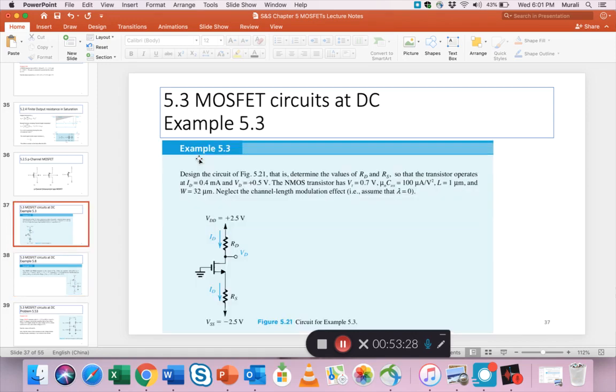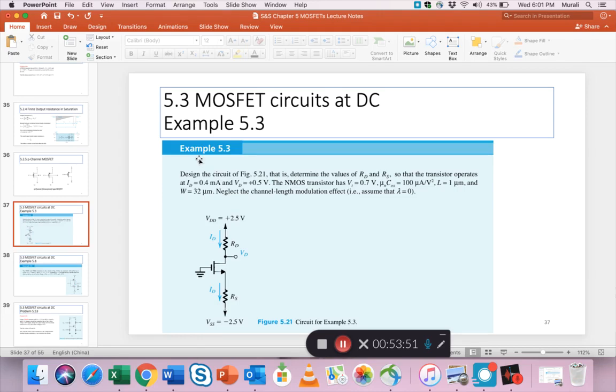And this section is basically about using everything we learned so far to actually come up with some biasing conditions. Now, we haven't talked too much about a Q point and a bias condition and DC operation yet. We'll do that as soon as we begin the next section on amplifiers.